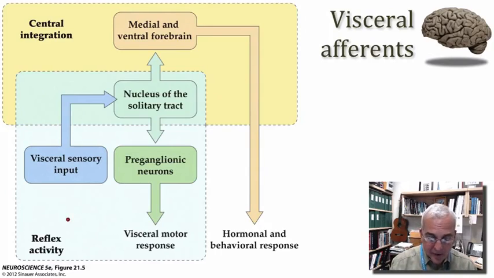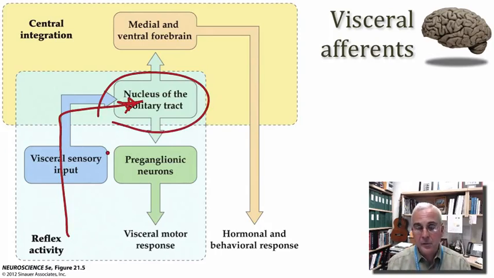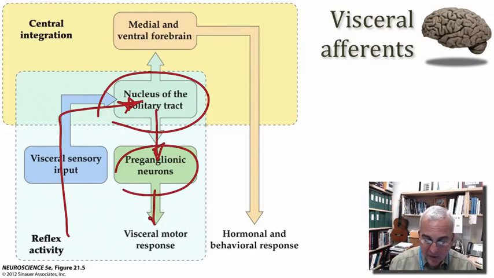At one level of input, there is integration in an important nucleus of the brainstem that I'll talk about in a little bit more detail in just a moment, called the nucleus of the solitary tract. There's also integration in the spinal cord for the viscera of the abdomen, especially.